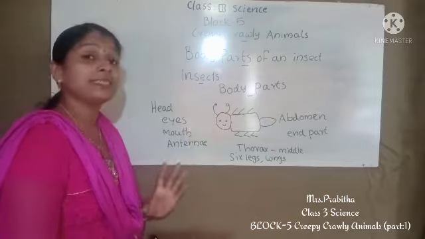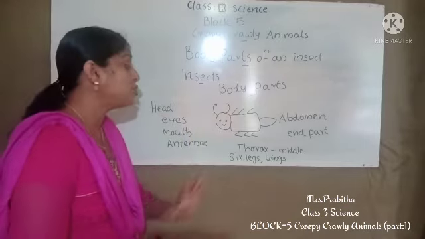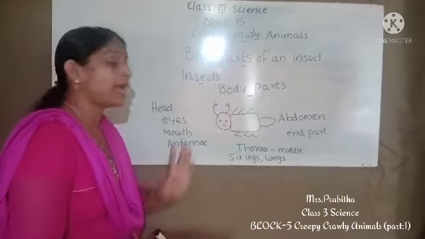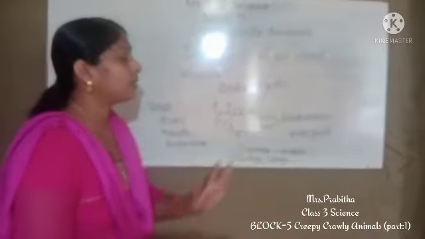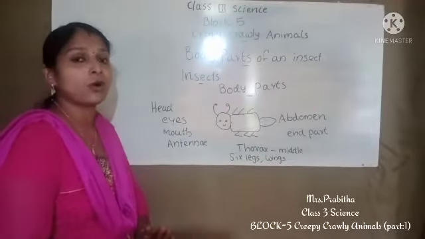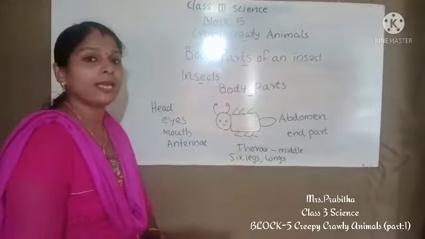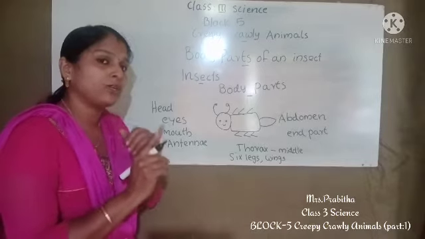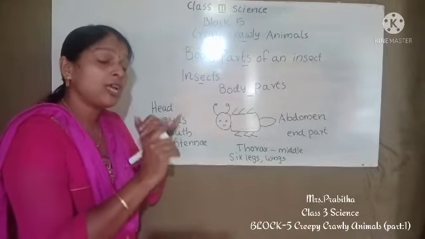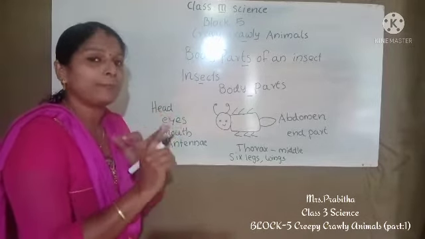In the thorax, 6 legs and wings are attached. Then the third part or end part is called the abdomen. So these are the main body parts of an insect: head, thorax and abdomen.